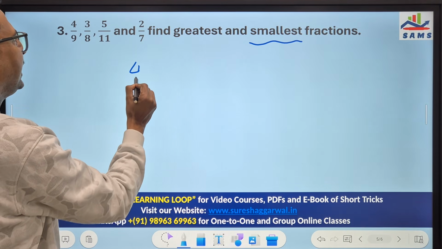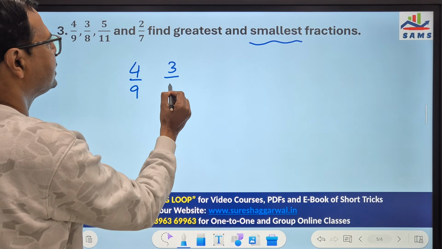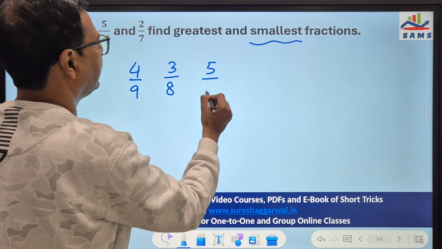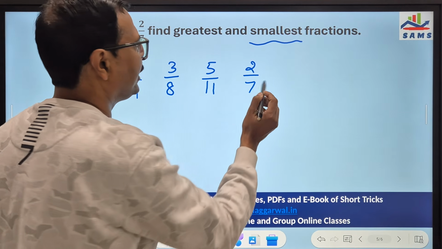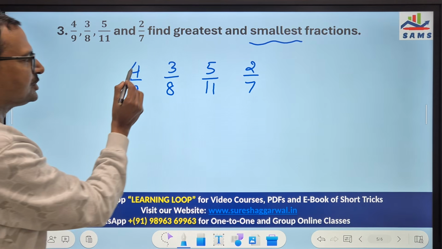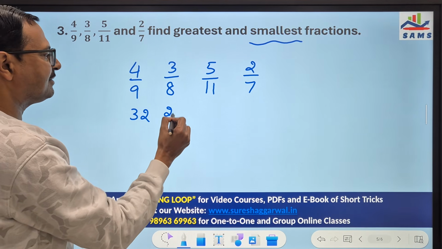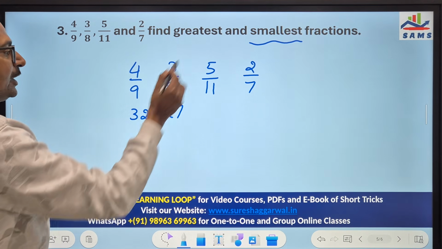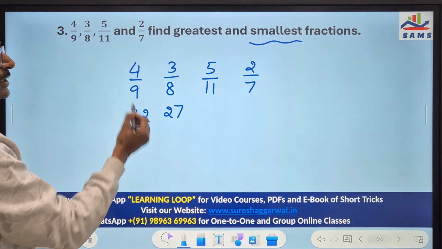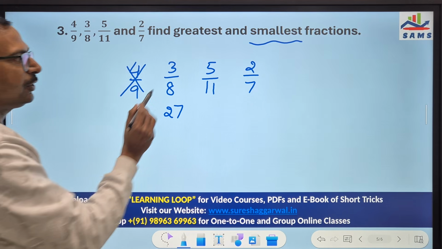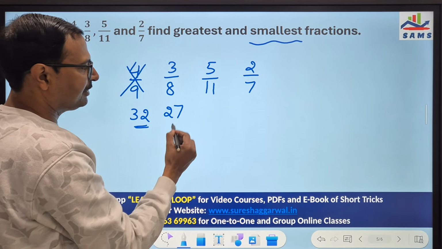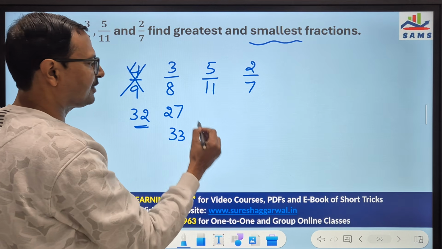So we have 4 by 9, 3 by 8, 5 by 11 and 2 by 7, and I want to find the smallest one. So let's compare these two. 4 8s are 32, 3 9s are 27. I want to find the smallest, so the greater one out of these two is eliminated. Now use these three. 3 11s are 33. 5 8s are 40.